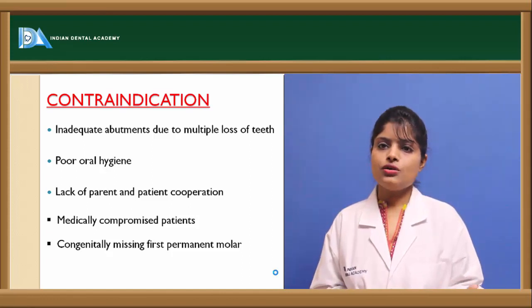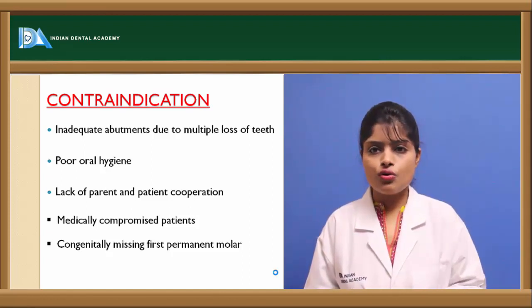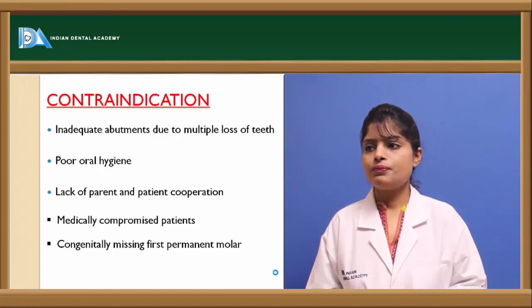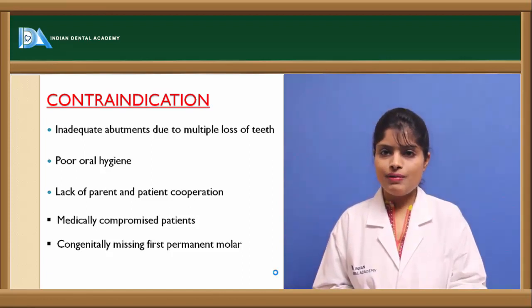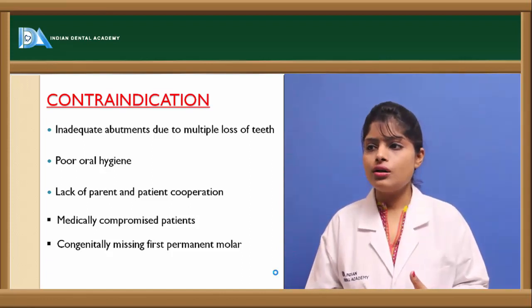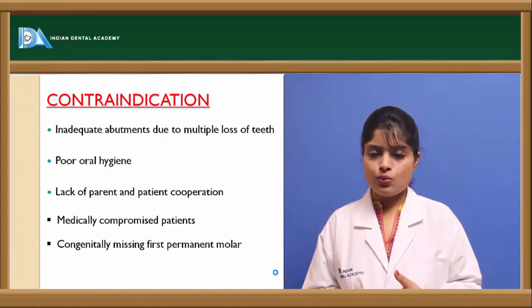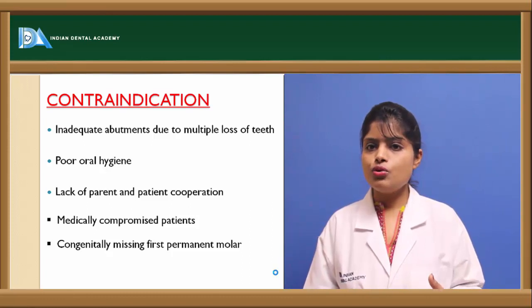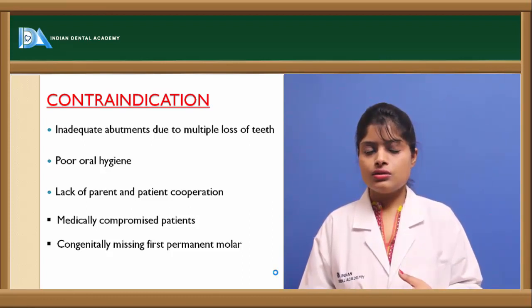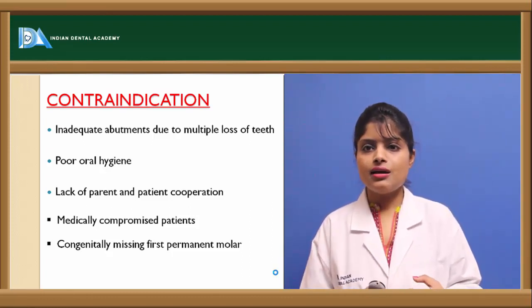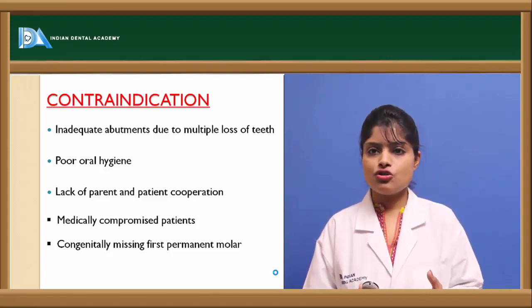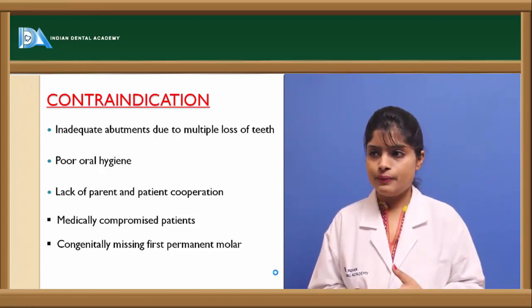So there is no question of guiding the molar into the oral cavity if it is absent. Also in the case where the patient is not cooperative at all and the parent is not agreeing to the treatment, or when patients have poor oral hygiene, where it is suspected that the socket created by extraction will not heal properly.